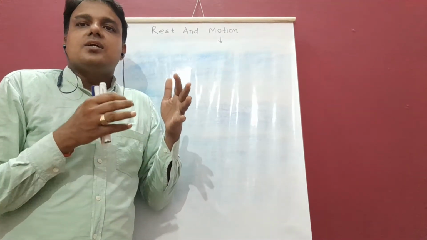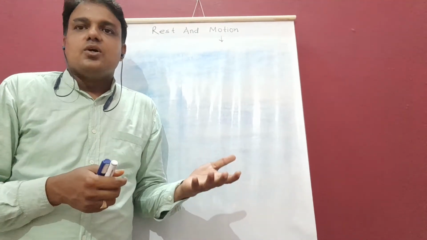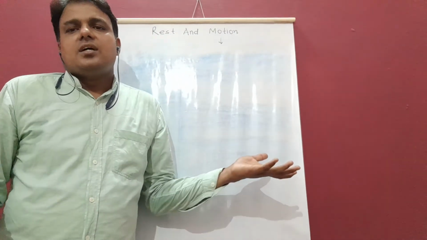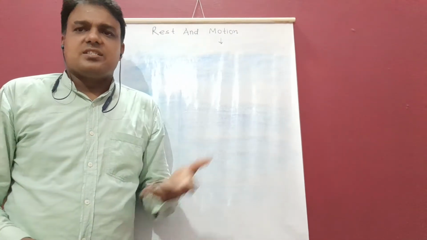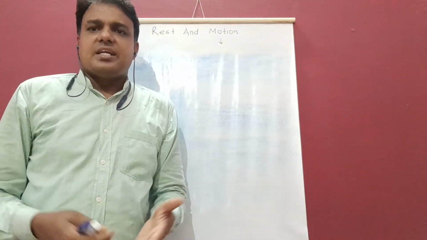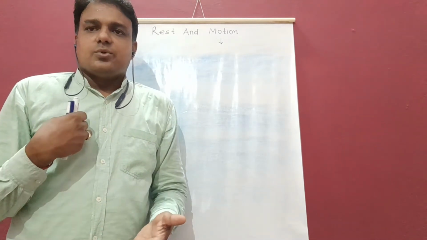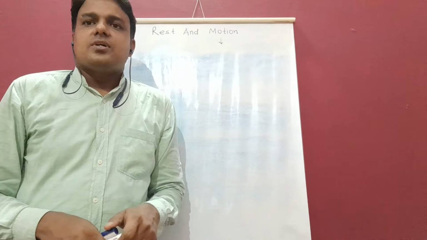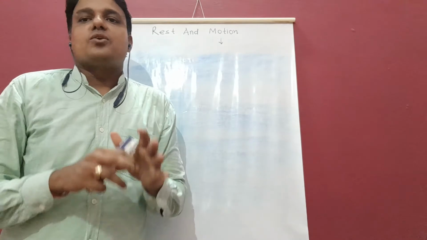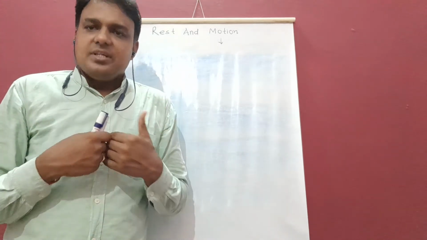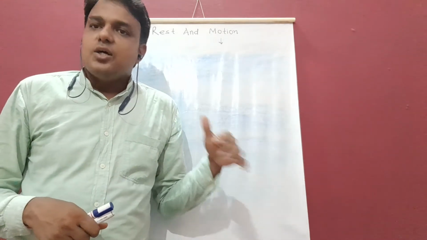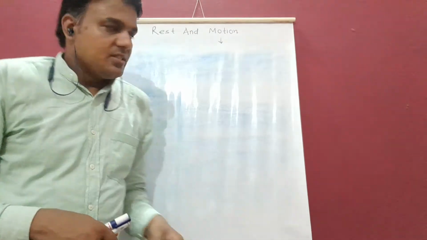Suppose any object present in your house, like a table, bench, desk, or if I am standing here, I am also considered to be in rest condition, because my hands are moving, but overall as an object I am at rest, because with respect to time there is no change in position.